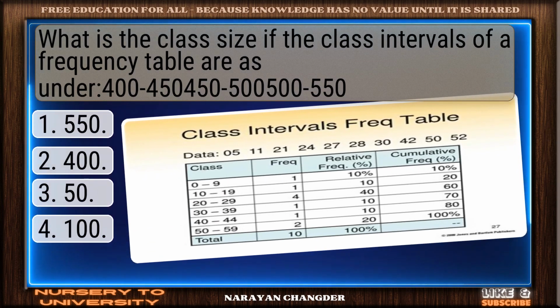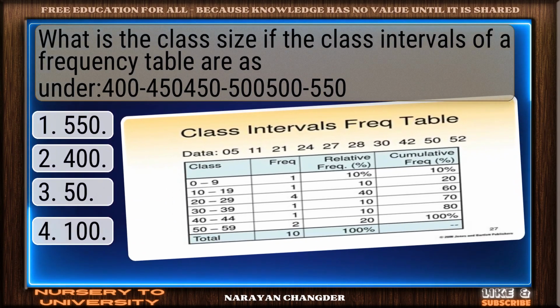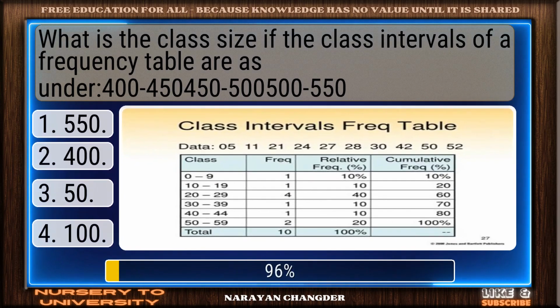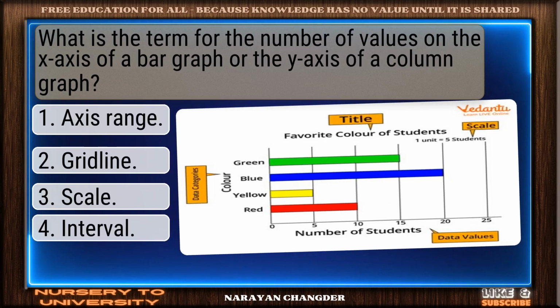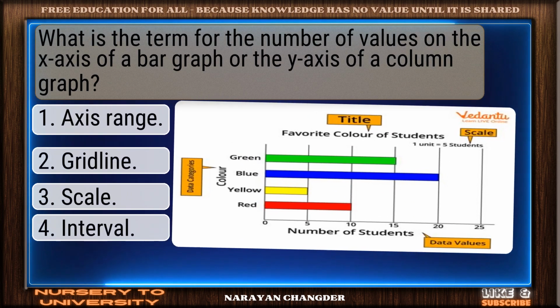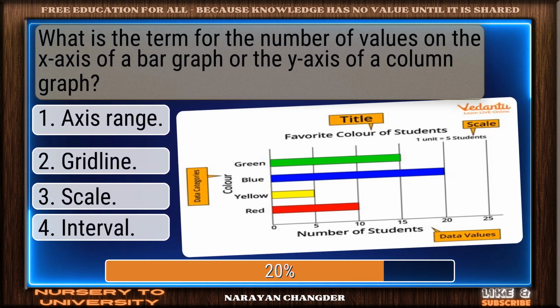What is the class size if the class intervals of a frequency table are as under: 400 to 450, 450 to 500, 500 to 550? Well picked. 50 is correct. What is the term for the number of values on the x-axis of a bar graph or the y-axis of a column graph?